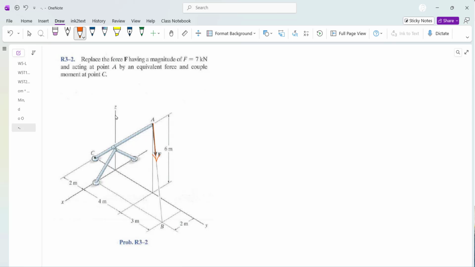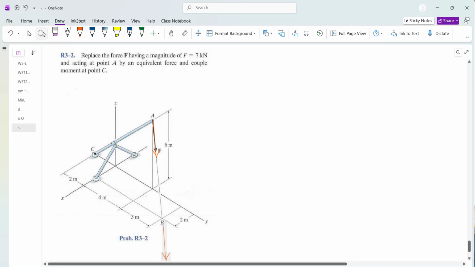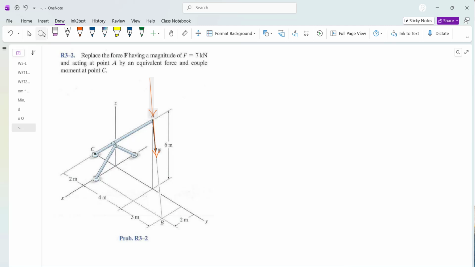So you can consider AB as the line of action, and if this force is transferred anywhere along this line of action, as long as the line of action doesn't change, as long as the direction doesn't change, the effect would be the same.